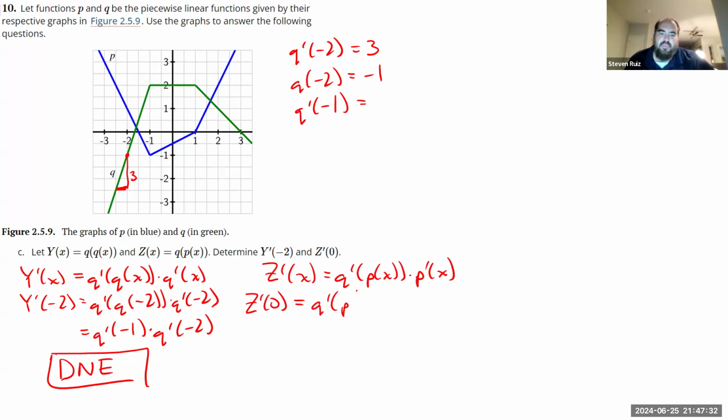So q prime of p of 0 times p prime of 0. So what is p prime of 0? P is the blue function. So p prime of 0 will be this slope here. Looks like that's a half. What is p of 0? That looks like it's -1/2.